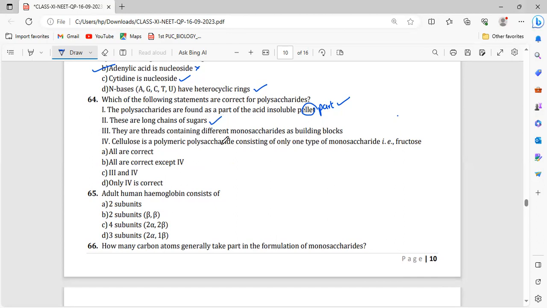They are threads containing different monosaccharides as building blocks, yes, monosaccharides are the monomers of polysaccharides. Cellulose is a polymeric polysaccharide consisting of only one type of monosaccharide, fructose. It is not fructose, it should be glucose. So except the fourth one, all are correct.